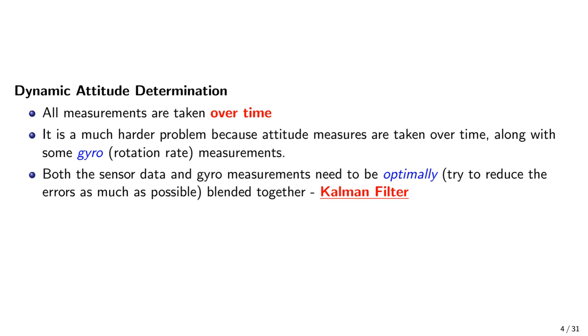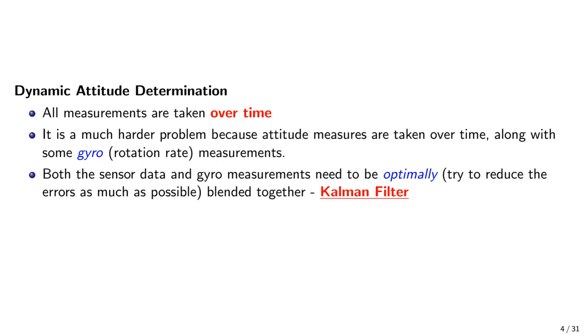All right. So dynamic is a much harder problem, obviously, because it's measured over time. And then you also need to consider the gyro, that's the rotation rate measurement. So you don't only consider the time factor, you also consider the rotation rate measurements. Both the sensor data and gyro measurements need to be optimally blended together.